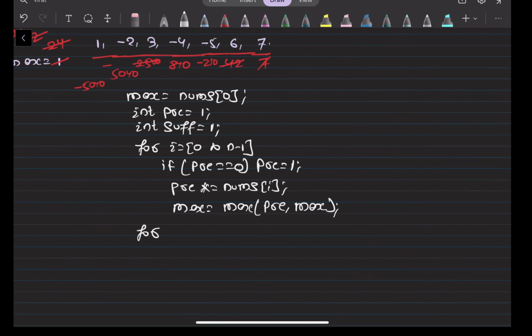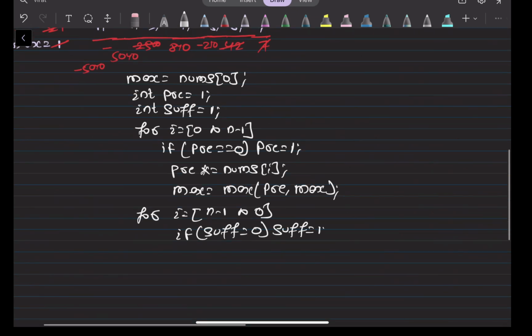So can I write here, for i is equal to, this time we will go from n minus 1 to 0, and every time first in this also we have to check if suffix double equals to 0, then we will set our suffix to 1. Now when we set our suffix to 1, in the same way we will calculate suffix also.